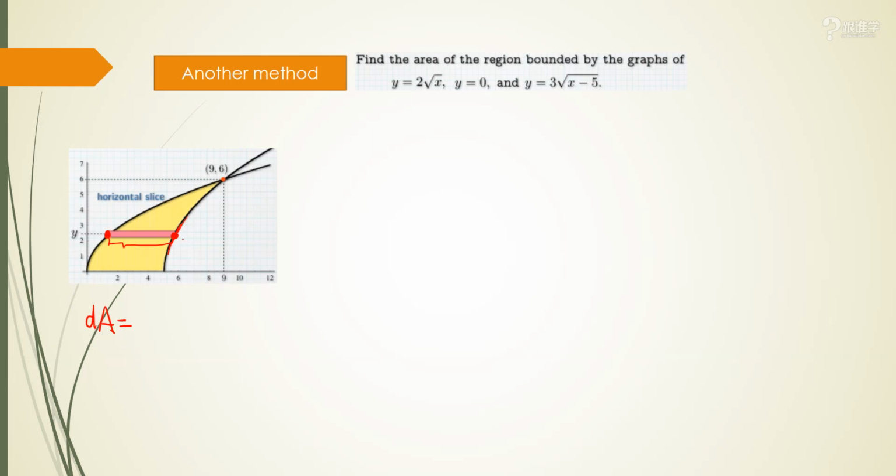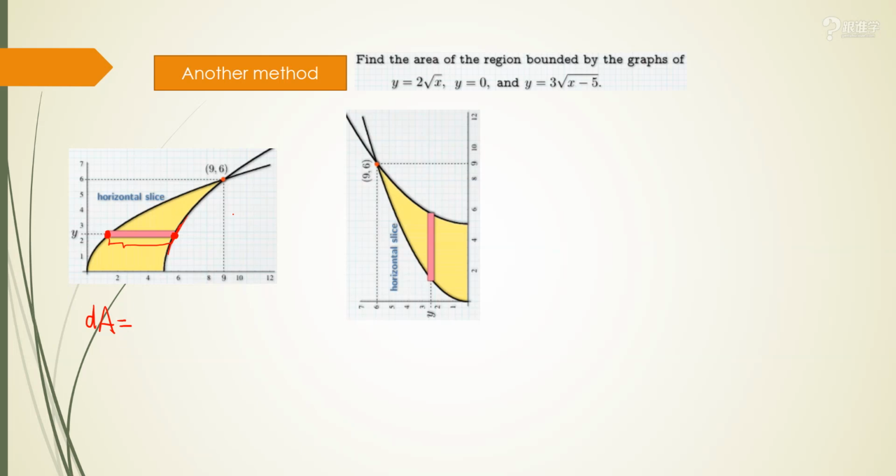So this time we don't care about a top curve and bottom curve. We care about curves on the left and curves on the right. It's almost the same idea. If you rotate this picture about the origin by 90 degrees, you will find that the horizontal slices are the same as the idea of vertical slices.